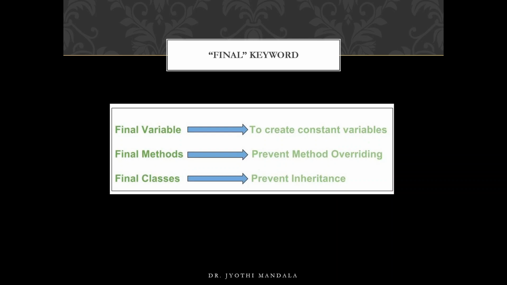Okay, in brief you can say a final variable creates constant variables, a final method prevents overriding, and a final class prevents inheritance. Now what is the necessity of this? Normally inheritance allows us reusability, but sometimes if you want to have a restriction on those things, then you can use this final keyword according to your application, right?